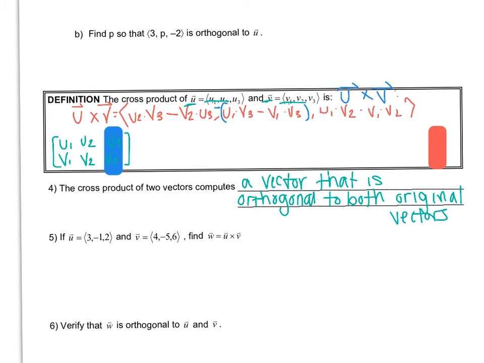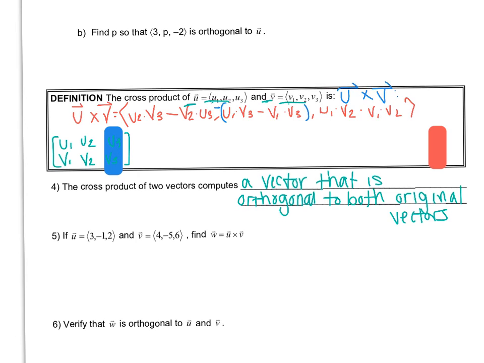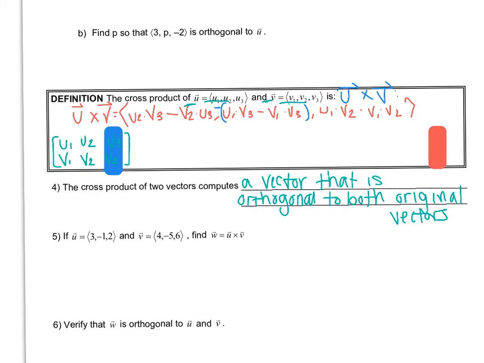Okay, so let's actually move on to an example of this. Down here in example 5, we have two actual vectors, and let's walk through this so that hopefully it makes a little more sense. We have vector u and vector v. We want to compute vector w, the cross product of the two.